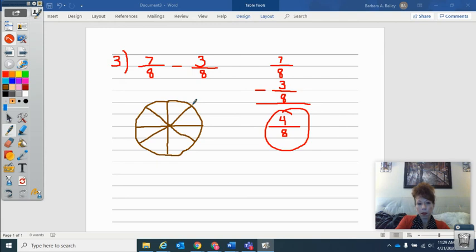Okay, and then it says I have 7 out of 8. So I'll shade. Let's make it bigger. Shade 7 out of 8.